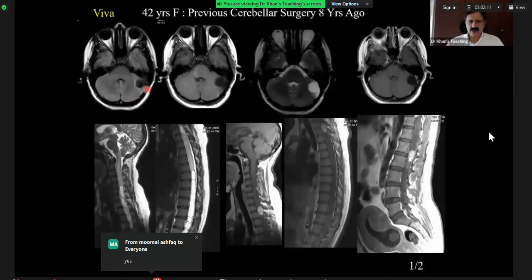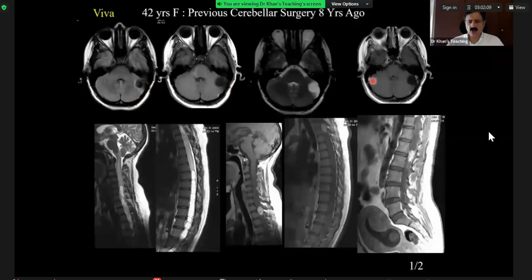We can see a FLAIR sequence, a T2, a post-contrast T1 sequence. And this time we have also done spinal imaging. So we have got T2, another T2, then post-contrast T1, post-contrast T1, post-contrast T1. Of course, these are not fat saturated, but whatever you have to see.